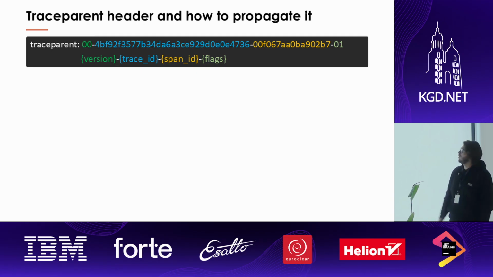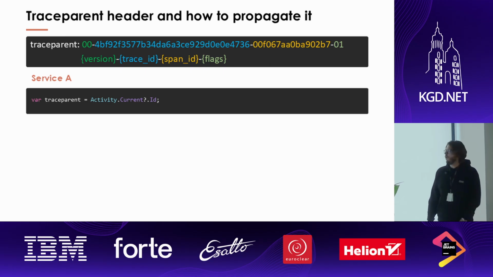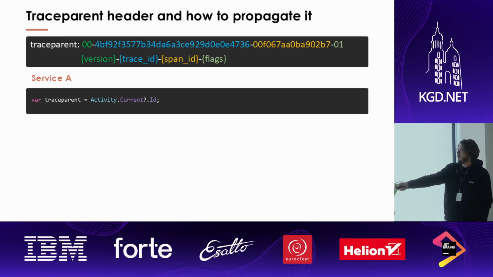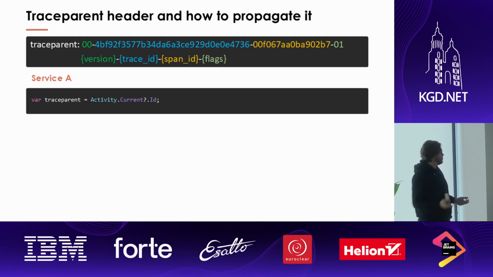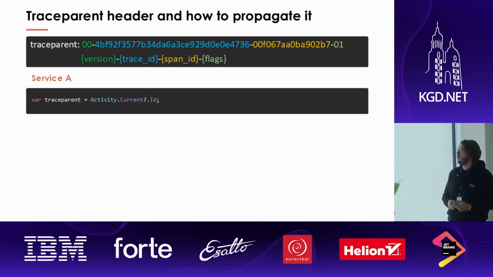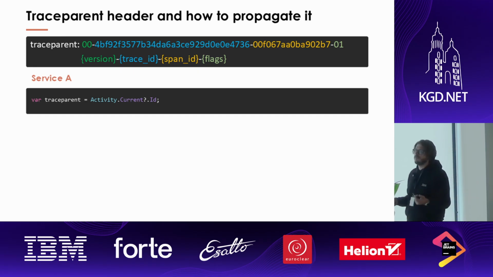So it will be 0 or 1. And you can get this value from the activity class, from the current ID property. Then you will be able to store it in a database, you will be able to store it in headers in your RabbitMQ, whatever you want. You can even send it via SMS and restore it later.